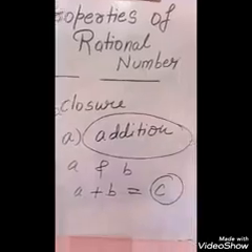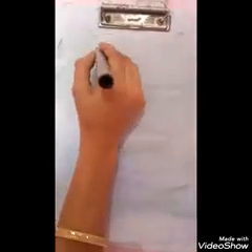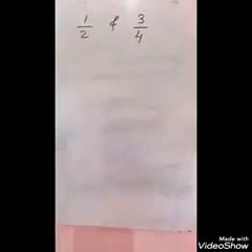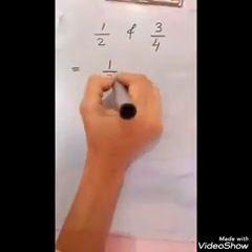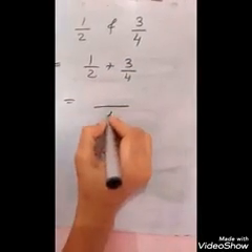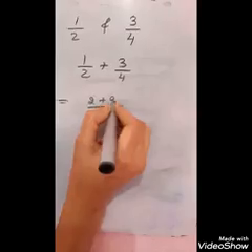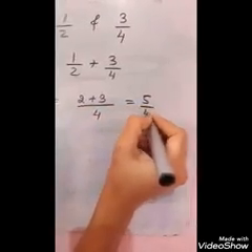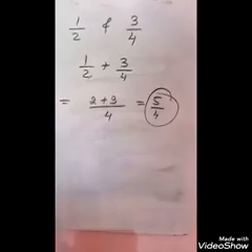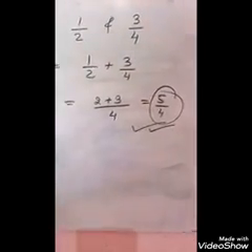Okay. Now we see two examples, 1 by 2 and 3 by 4. 1 by 2 and 3 by 4 both are rational numbers. Now we add both, 1 by 2 plus 3 by 4, and after adding we will get 5 by 4, and you all know that 5 by 4 is also in the form of p by q, so 5 by 4 is also a rational number.